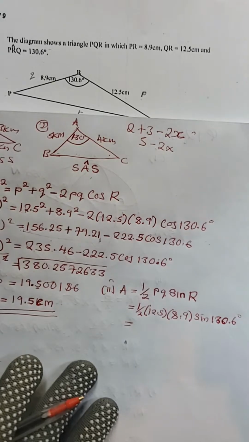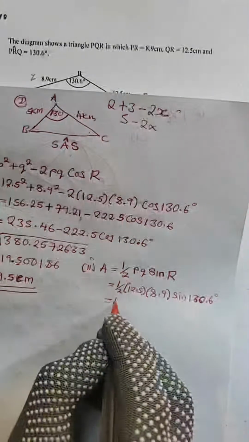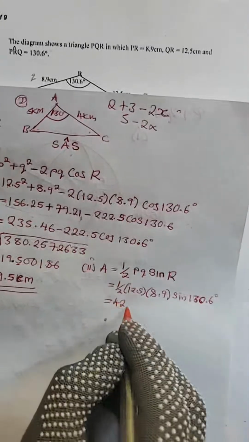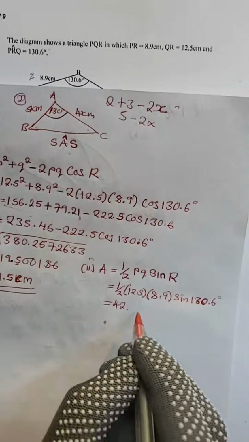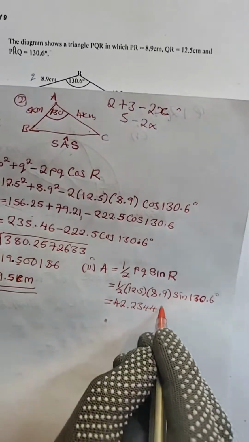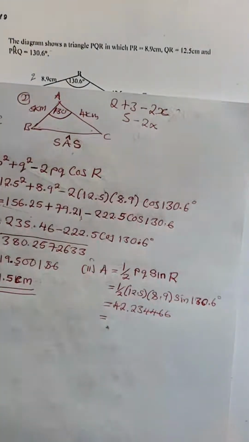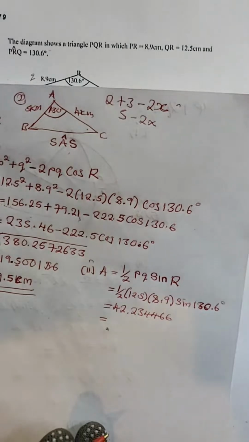This is giving me 42.2344466. Check the degree of accuracy. Even here it is not specified. Let's leave our answer correct to 3 significant figures.